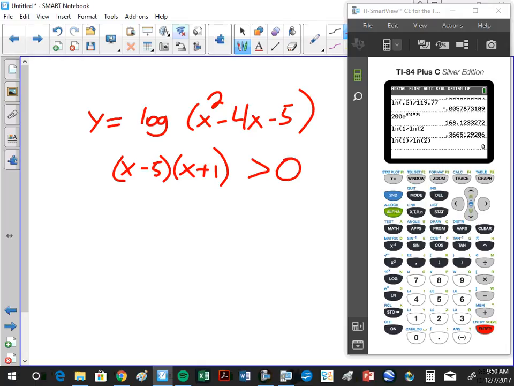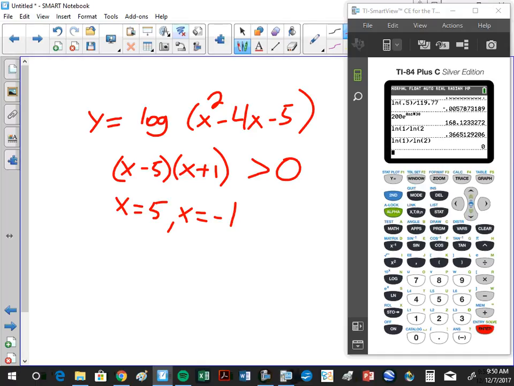Right? So I know that x equals 5 and x equals negative 1. Okay, but can x be 5 and can x be negative 1? It can't be either one of them.